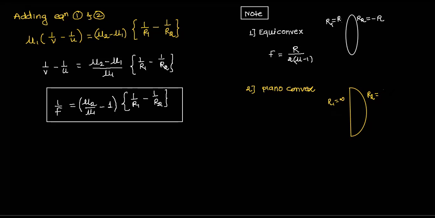Minus R only. So if we substitute this, you will get F is equal to R divided by mu minus 1 for plano-convex.